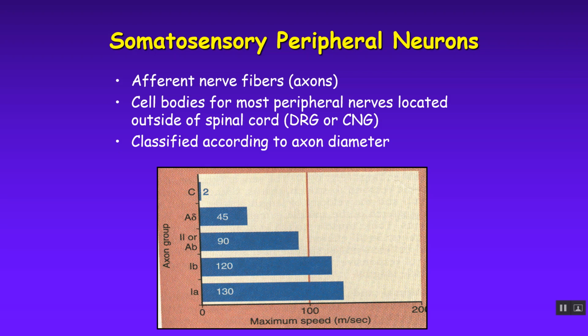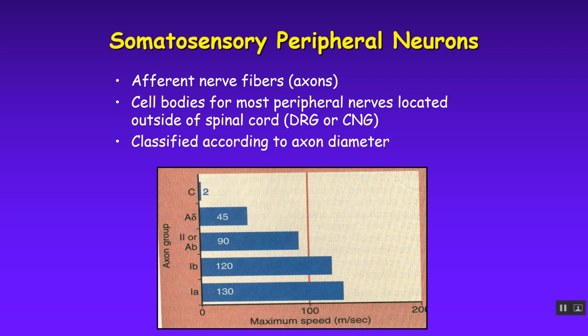And those axons are classified as certain types of axons based particularly on their diameter, which is the main thing that classifies these. The diameter often also depends on how much myelin they have, because myelin accounts for the diameter of the axon. These are afferent nerve fibers, axons.